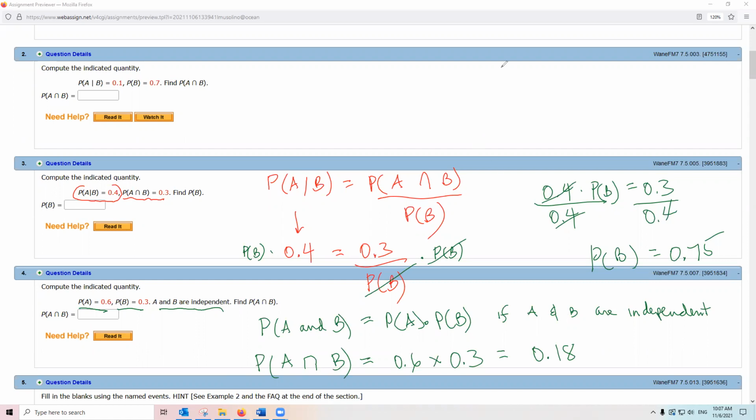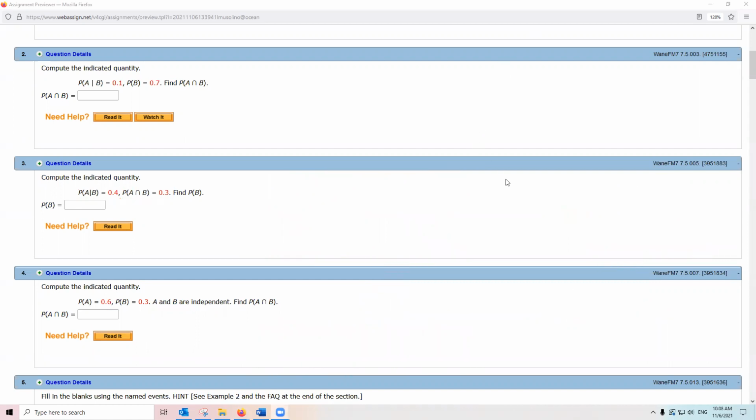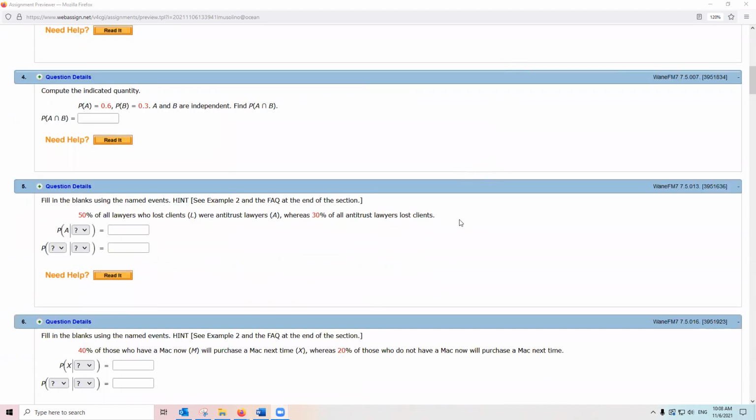Okay. All right. Let's do an example a little different. How about if we go to number 5? So number 5 is really asking you to interpret the wording of this problem. So let me clearly write down what the events are.